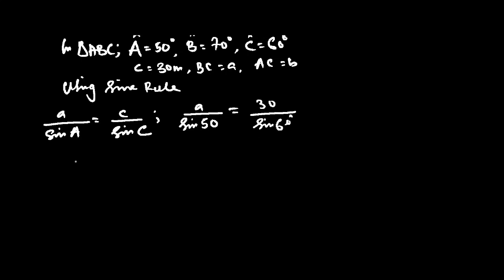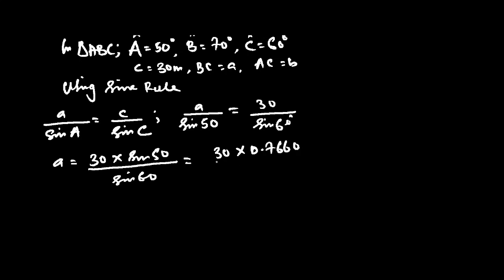So we cross multiply, we have that A is equal to 30 multiplied by sine 50 divided by sine of 60. So this will give us 30 multiplied by 0.7660 divided by 0.8660.